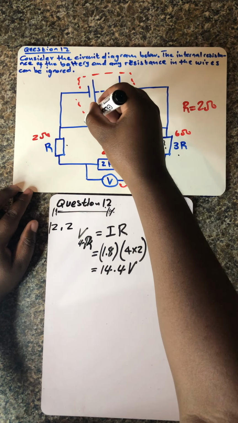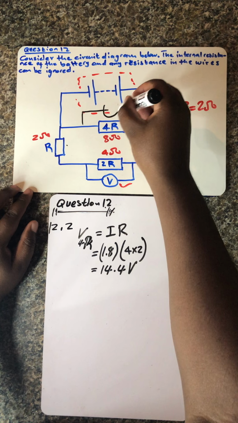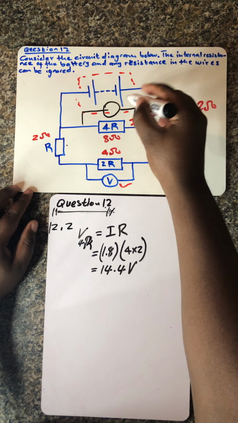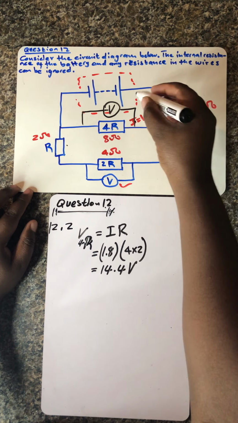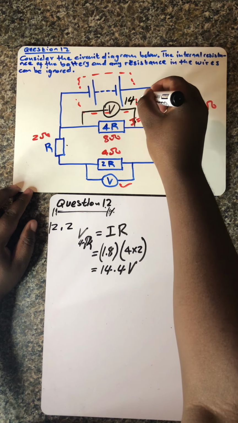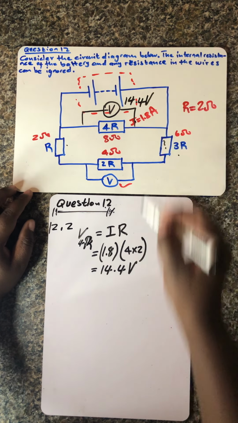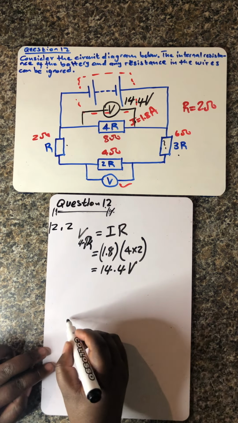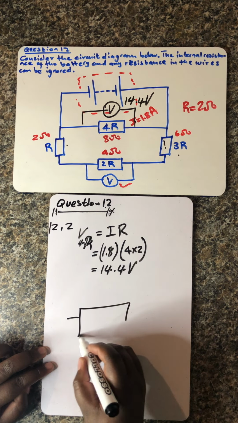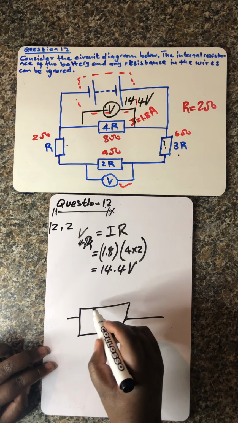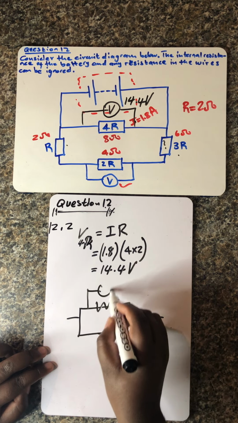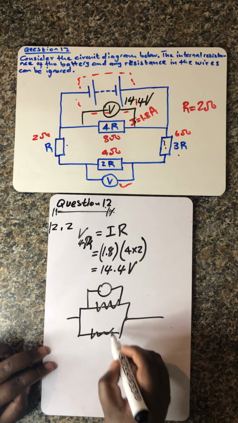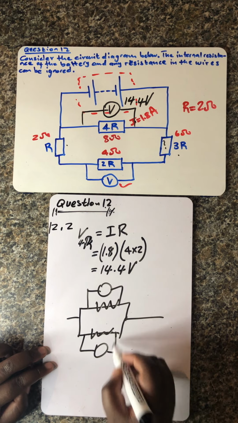So that means if we connect a V there, it's going to read 14.4 volts. Ladies and gentlemen, very, very important. If you remember from the previous lesson, I indicated that the V calculated on this side will be the same for V on this side.